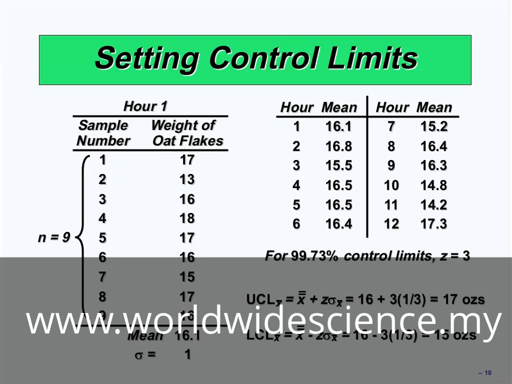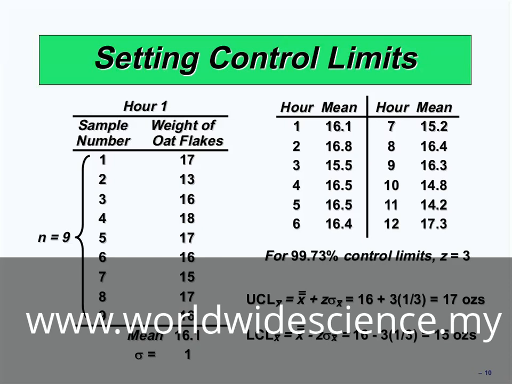In hour 2, you should repeat again. You should select the 9 cups of the flakes, take them to the lab. Yes, 16.1 is x bar for hour 1. In hour 2, you repeat the process. It means that you should select the 9 cups again, take them to the lab, weigh them, and calculate a new mean or new x bar for hour 2.